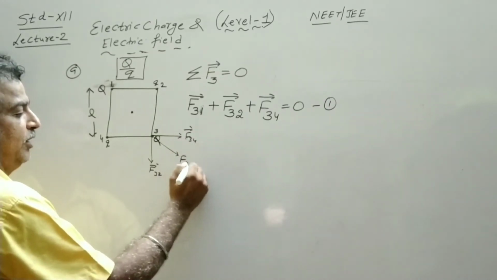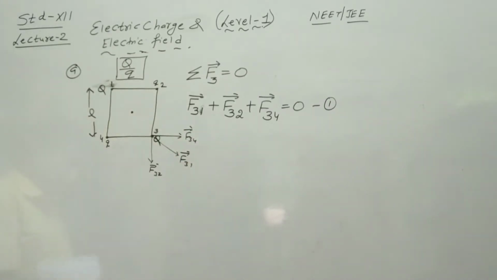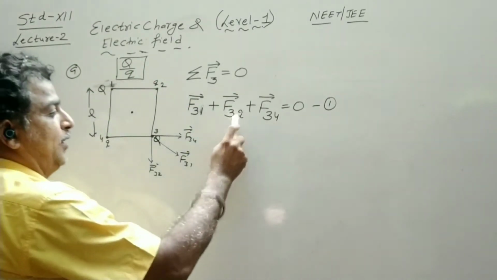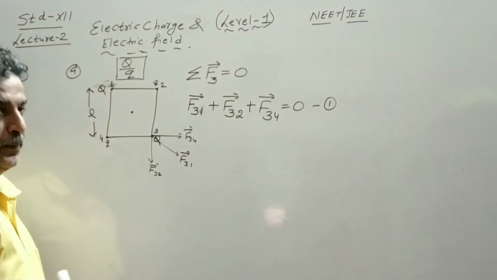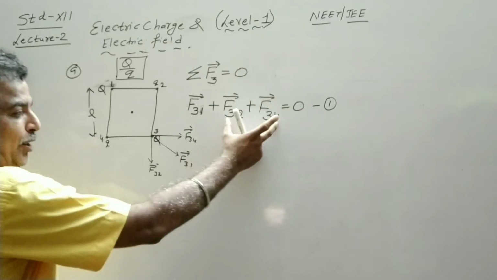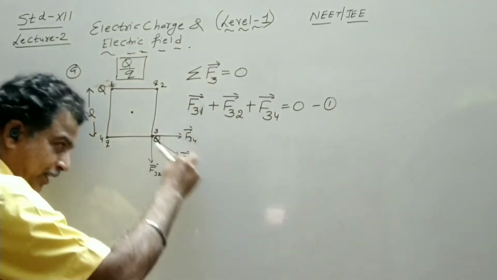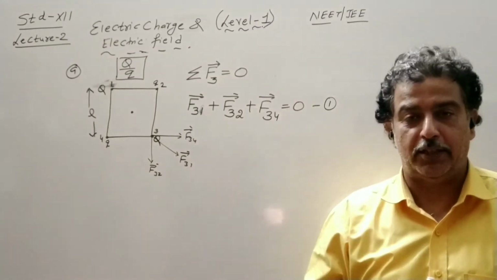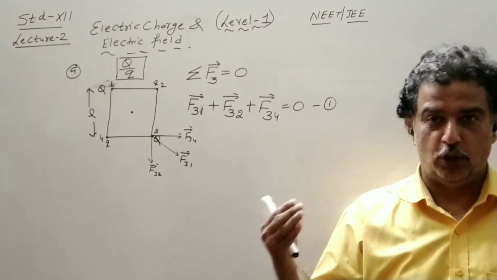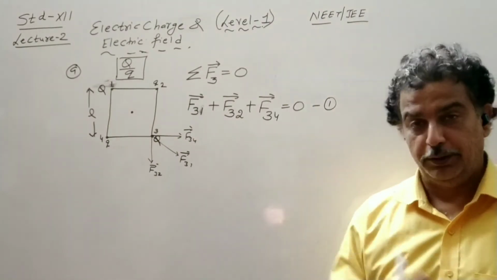This is F31. Now you can add the two vectors. All the 4 charges are assumed to be positive, so the resultant of F32 and F34 is in the same direction as F31. Now if two forces are in the same direction, the resultant cannot be 0.